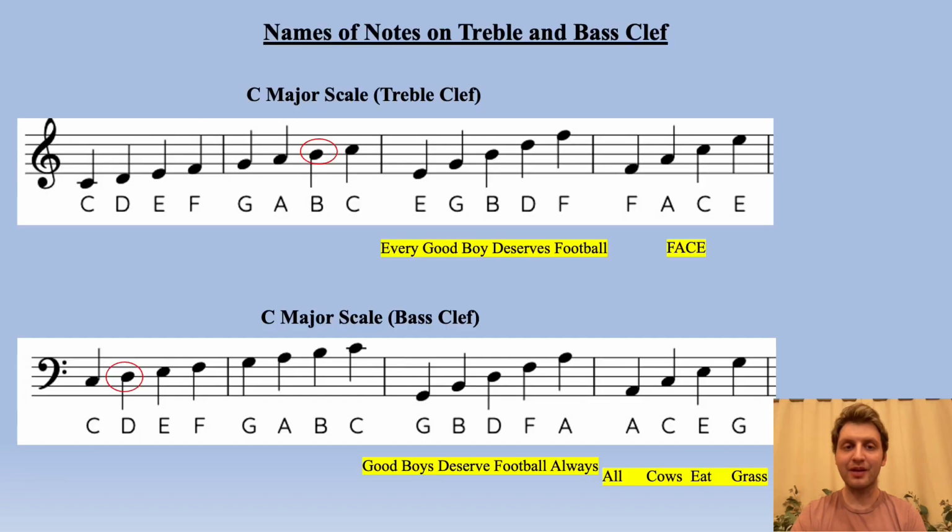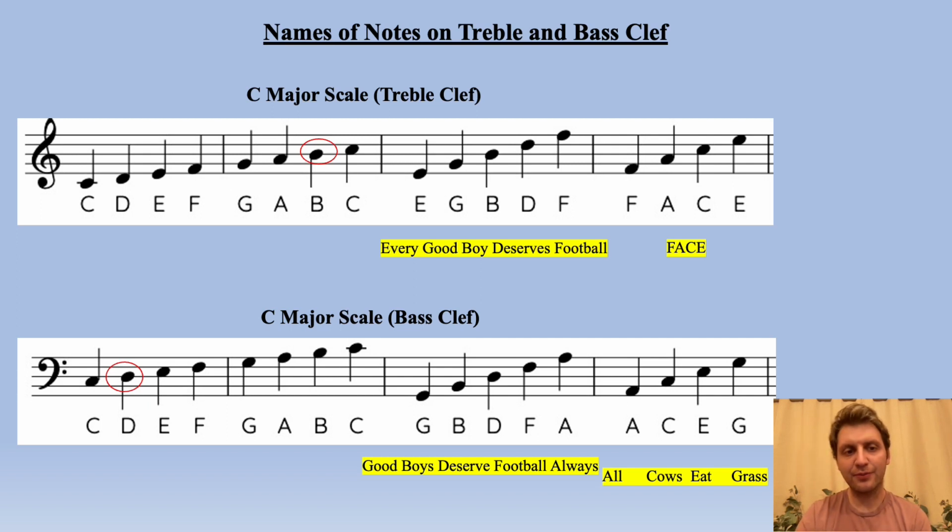Okay, let's move on to looking at the names of the notes on treble and bass clef. Like we've seen in the piece before, the C major scale is the most basic because there's no black notes in it, in its natural form.